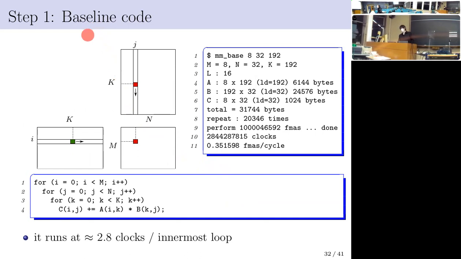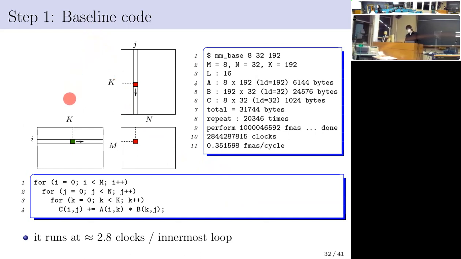So this is what the baseline code actually looks like and what it does. It's not vectorized at all. It is just a triply nested loop that you all should be familiar with. It's just a straightforward implementation, following the definition of matrix multiplication.